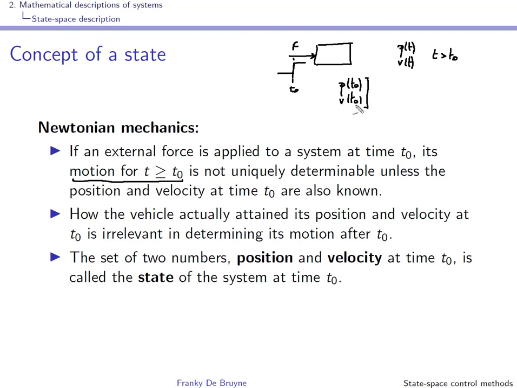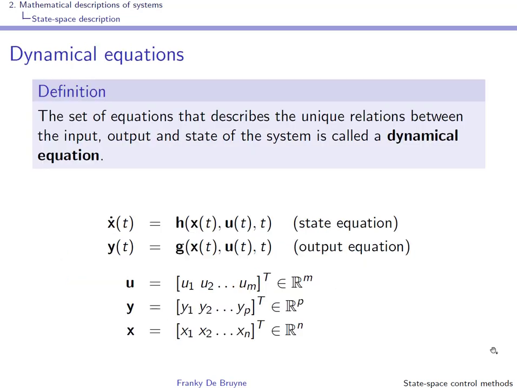So the set of two numbers, position and velocity at time t0, is called the state at time t0. And how the vehicle actually attained this particular position and velocity at time t0 is irrelevant in determining its motion after t0.